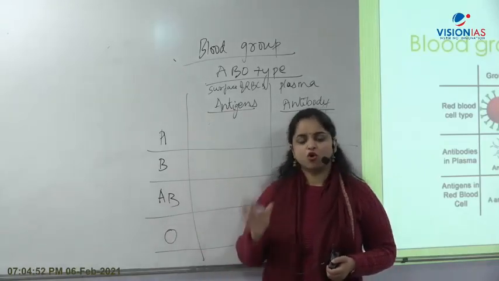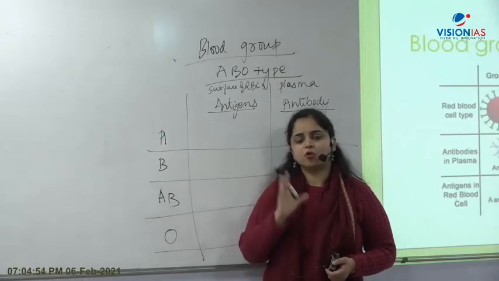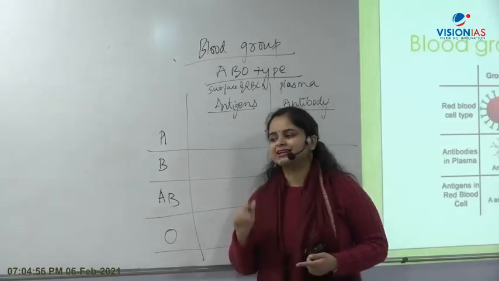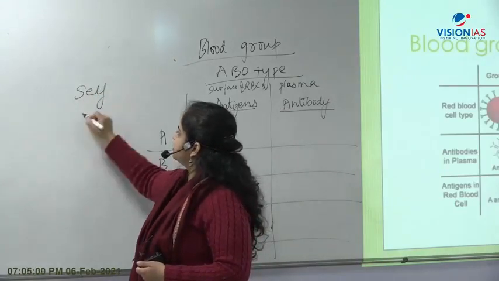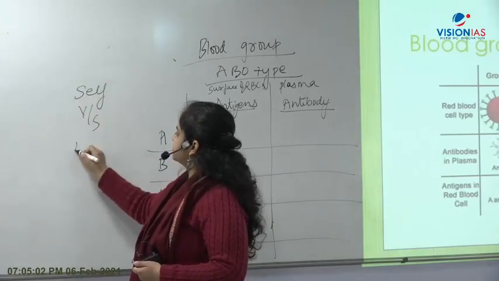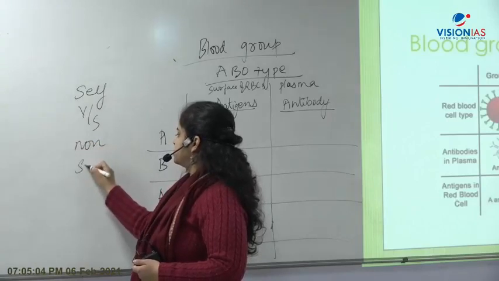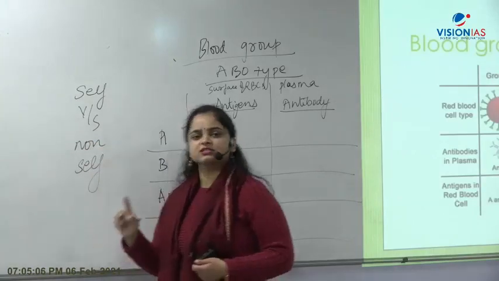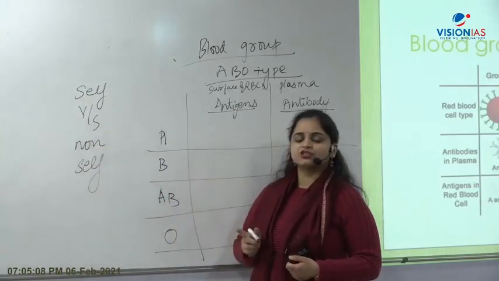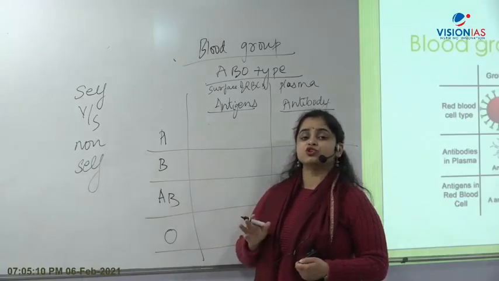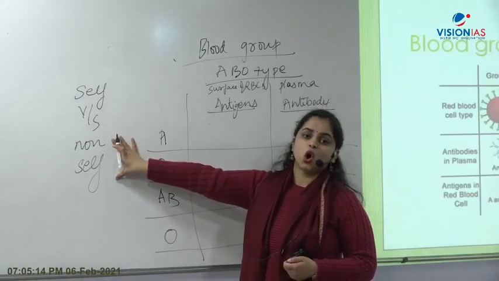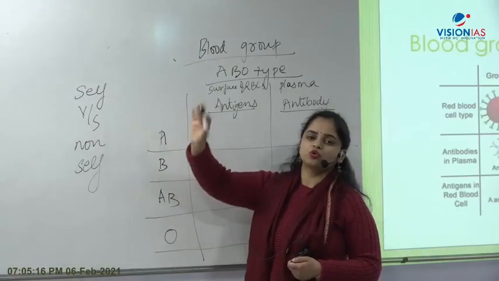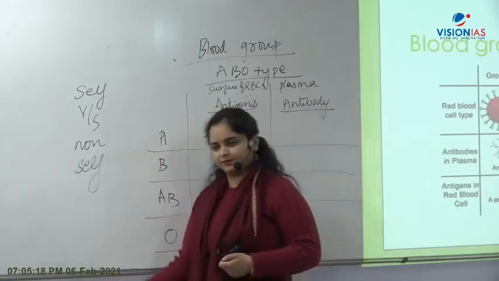In your body it stays there, your body recognizes it as self. The body has this property of differentiating self versus non-self. So even when antigens are present, the stimulation of the immune system would be there only in case of the non-self, when this blood goes into somebody else's body.